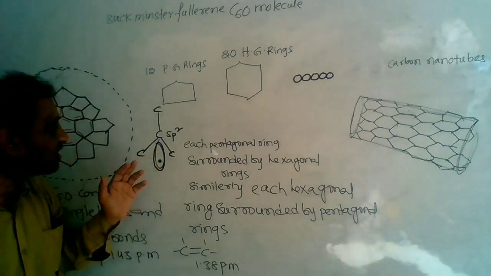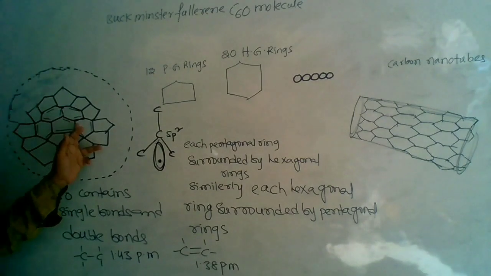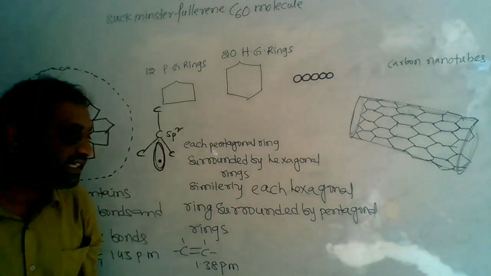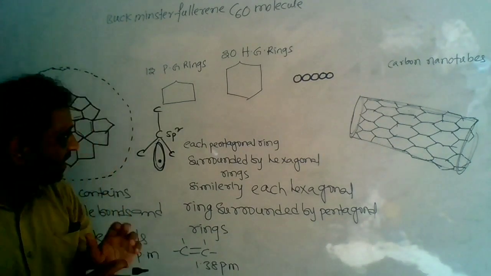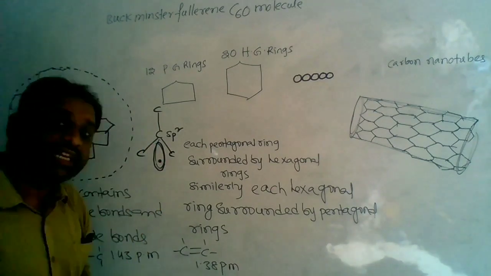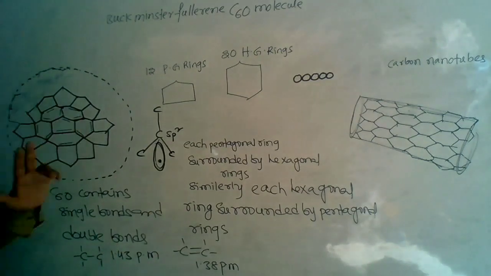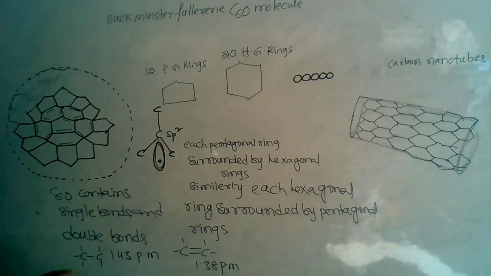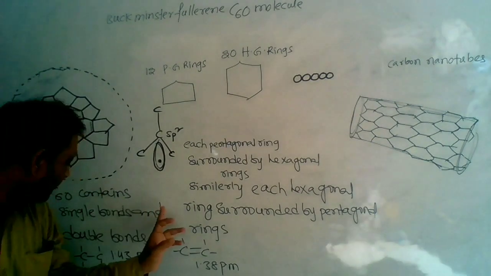Due to the presence of alternate double bonds, it has aromaticity character. Buckminster fullerene has aromatic nature due to the presence of alternate double bonds.